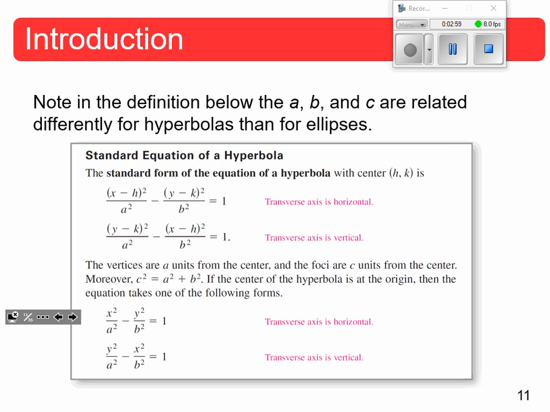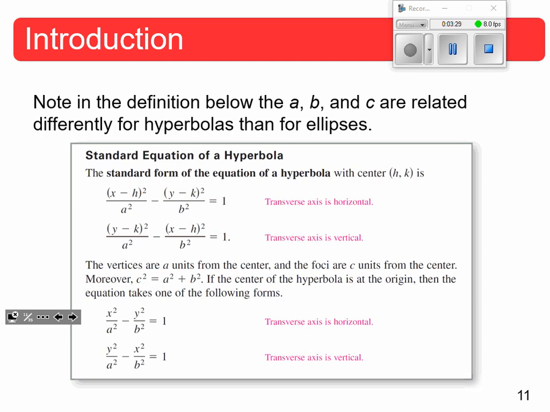Since they're being subtracted from each other, a is always first. A is always going to be the first value in the denominator. So whichever one comes first, the number on the bottom is the a value. And we still have that a squared plus b squared is equal to c squared, so we can still find the value of b by taking the square root of c squared minus a squared. That still works.